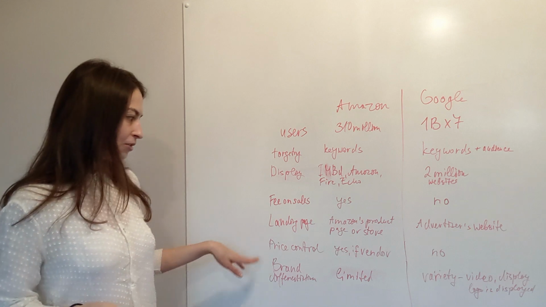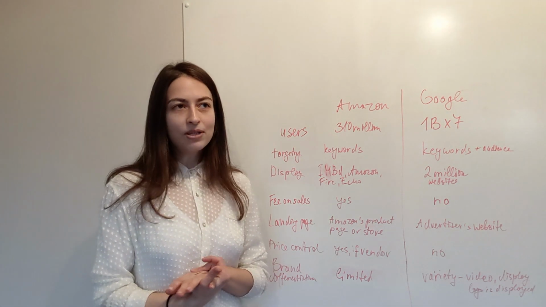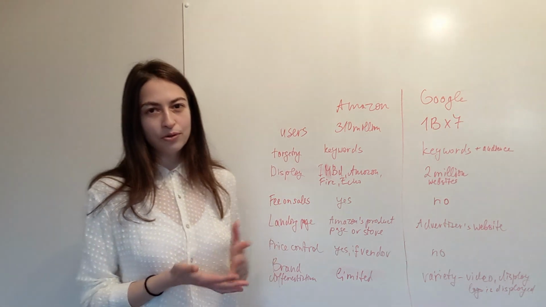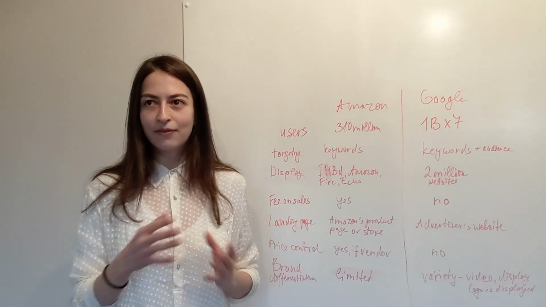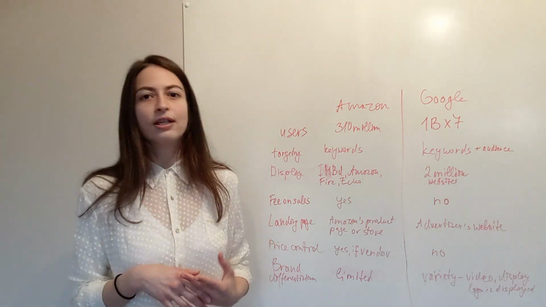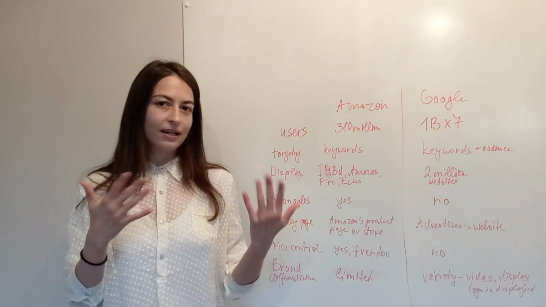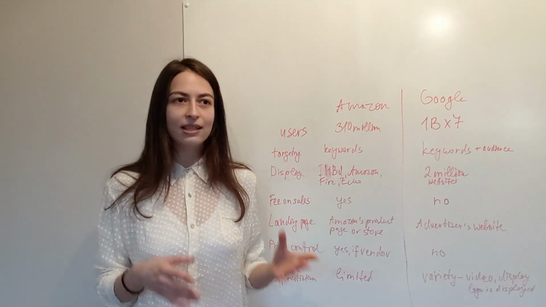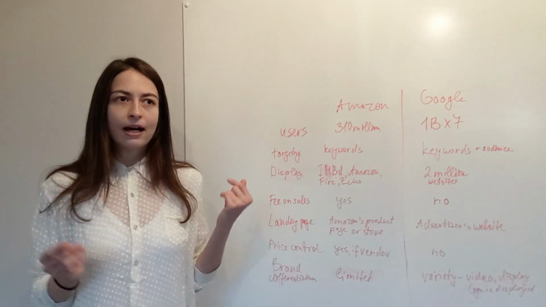There is no cuts, there is no competitors. When it comes to price control, this is also a bit of a tricky one. Amazon does control the prices of some products that are sold on their platform. So let's say there are two types of collaboration with Amazon. You can be a seller or you can be a vendor. Typically, if you are an independent person, you're not a big brand, you are usually a direct seller.